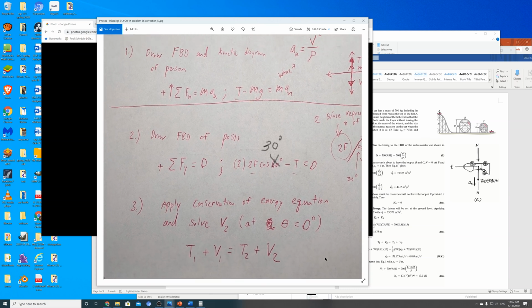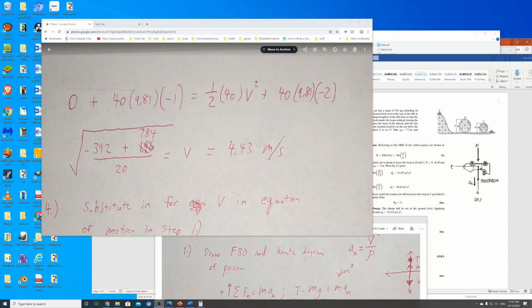So here's the third step: you're going to apply the conservation of energy equation and solve for V2. Okay, here's the conservation of energy equation. Here's my initial kinetic energy when the swing is at the highest point. At that point, the velocity is 0, so there's no velocity when the girl reaches the highest point on the swing.